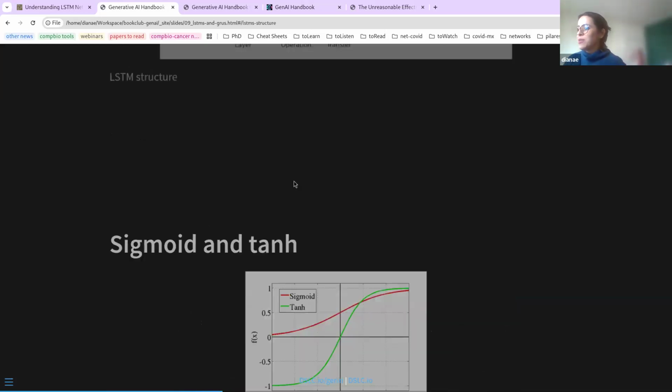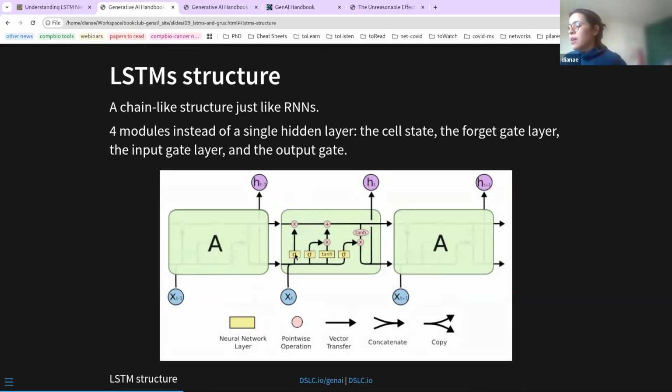Okay, and as we can see here, this type of neural network uses 2 different activation functions. The sigma function that we already reviewed, and the tanh function that we're going to review in a moment. It's the hyperbolic tangent, right?